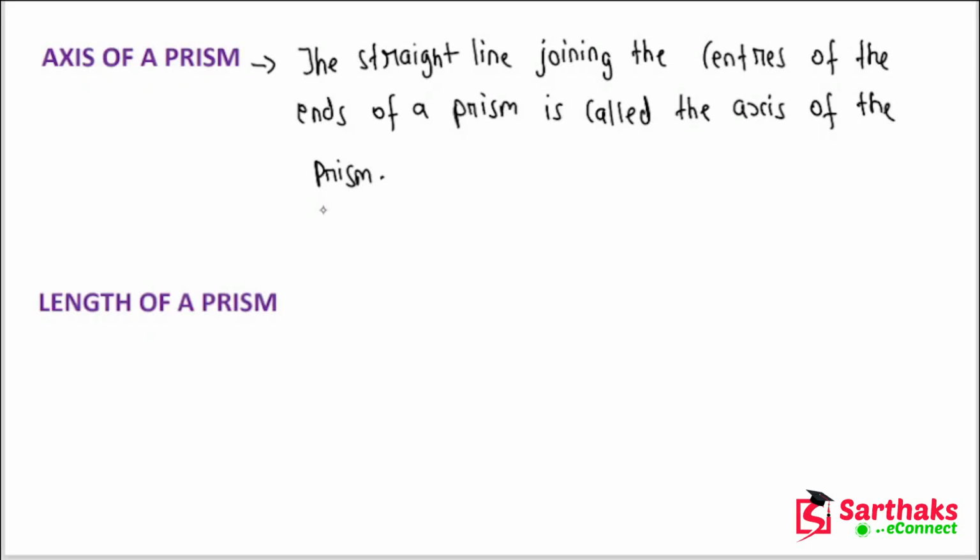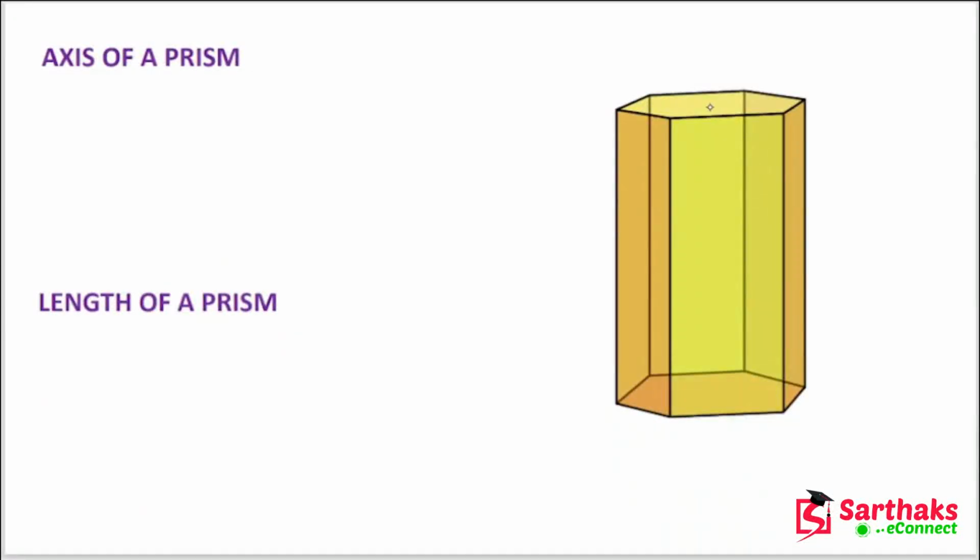Let me show you with the help of a figure what the axis of a prism looks like. In this figure, you can see the centers of the ends are these. If I join them by a straight line, this would be the axis. Let me name them O and O dash. Then OO dash would be the axis. Now if I talk about height, the height of the prism is also parallel to the axis because this is a right prism, right?